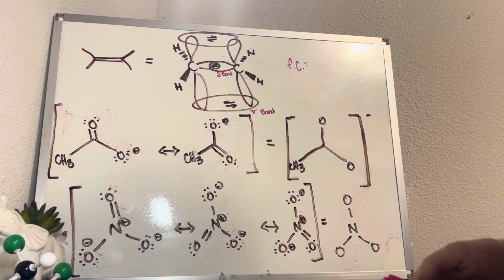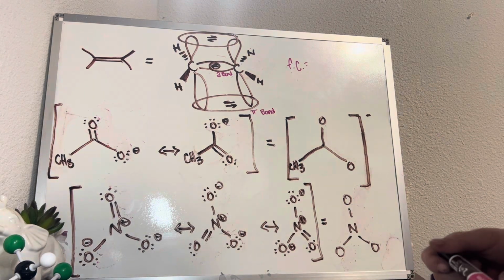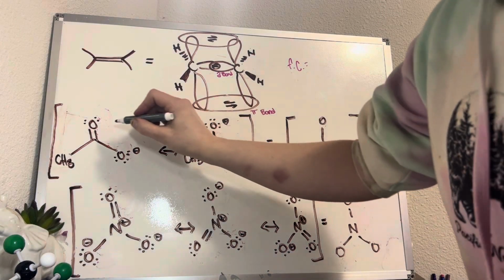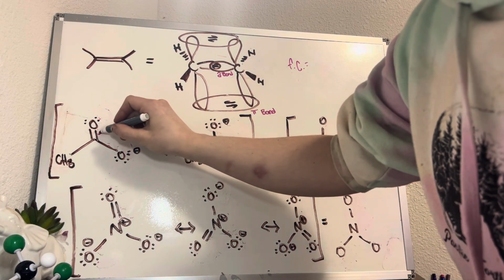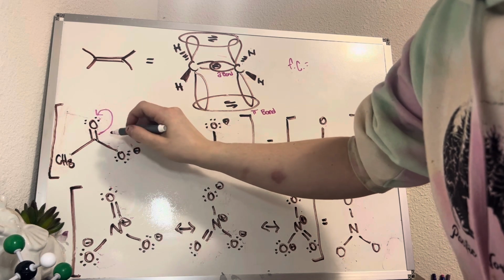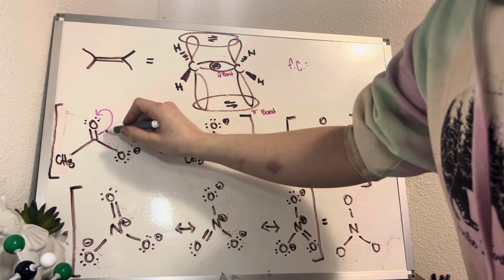So moving into our first example here, I'm going to initially look at where my pi bonds are in the atom. It's just a good starting point for me. I usually know I can delocalize some electrons about a double bond. So I'm going to break my double bond and bring it into a lone pair up here. And it is important to note the direction of the arrow where I am moving my lone pairs.